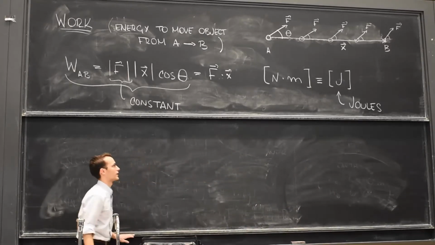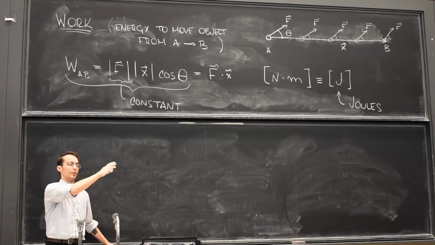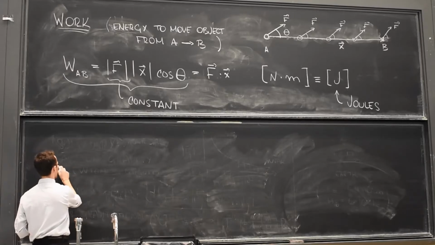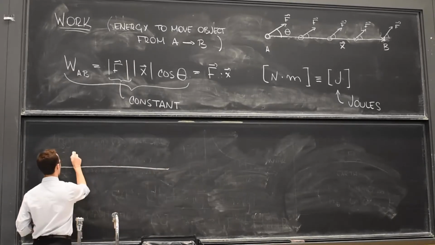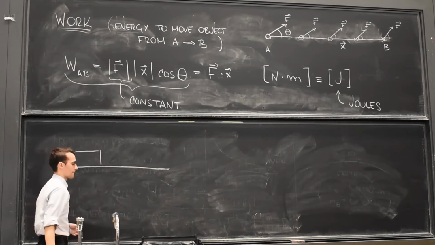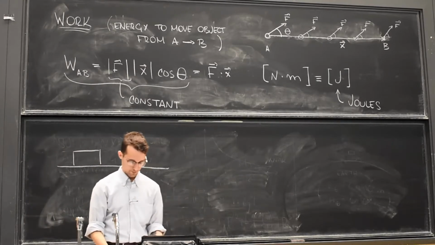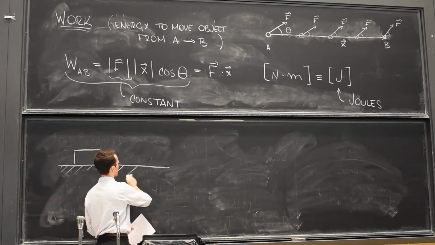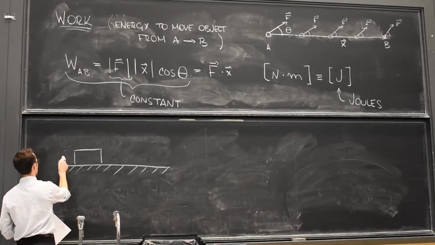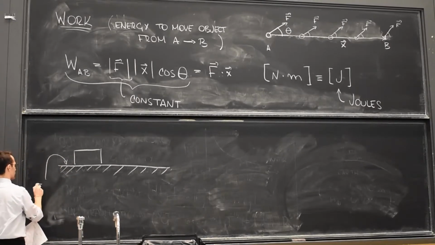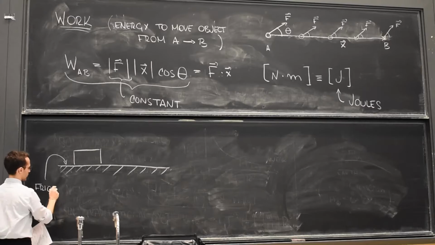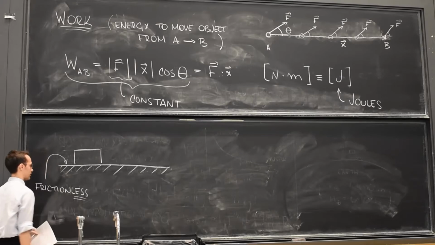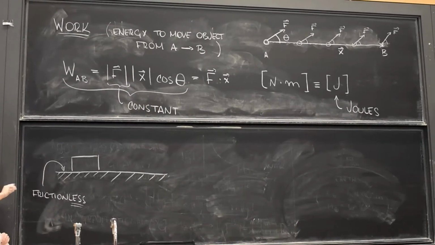Okay, so as I said, now to play with this equation, but in systems that we've looked at before. So we'll go back to our nice block sitting on some sort of surface. And for now I'll say the surface is completely smooth, so zero friction.